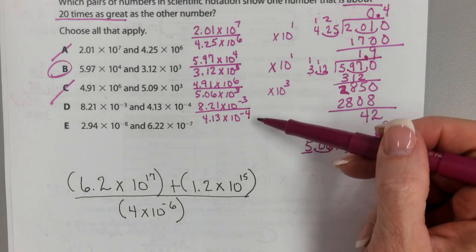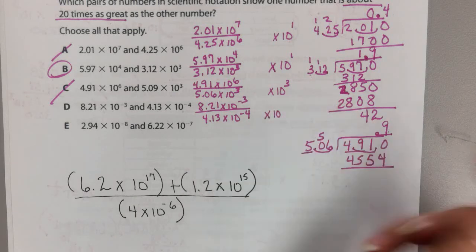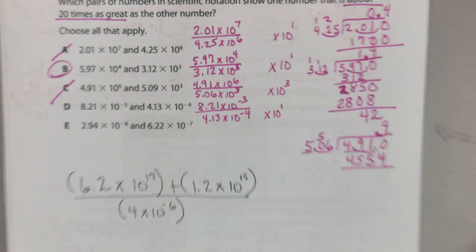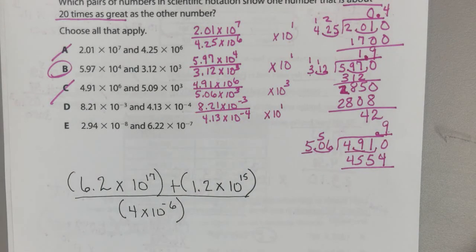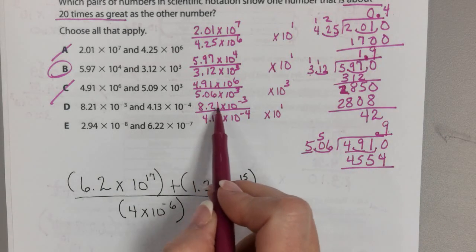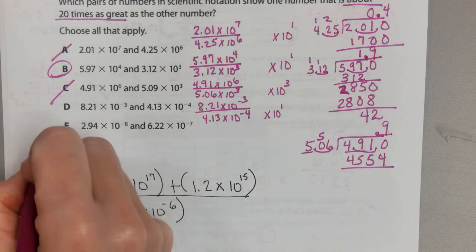So now, what are these exponents going to do? What is negative 3 minus negative 4? One. Negative 3 minus negative 4 is 1. All right, so that's a good sign. And then we've got 8.21 and 4.13.